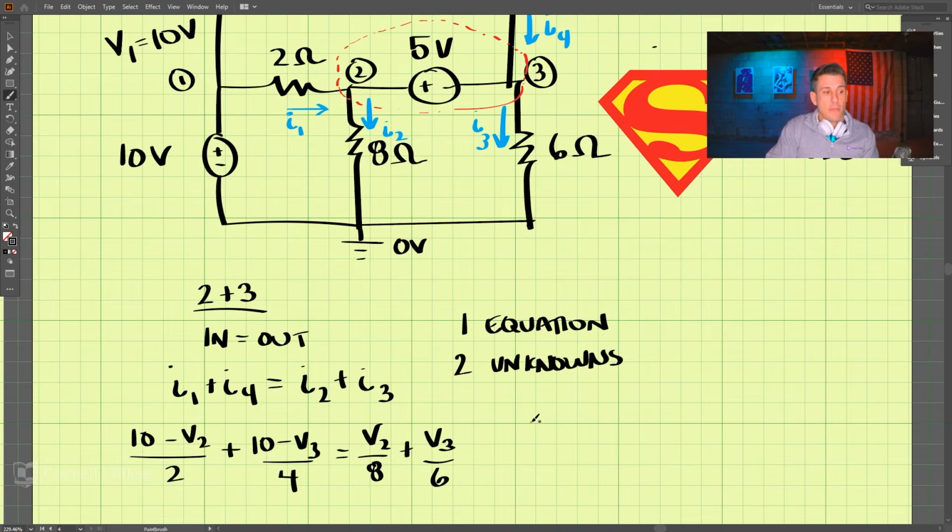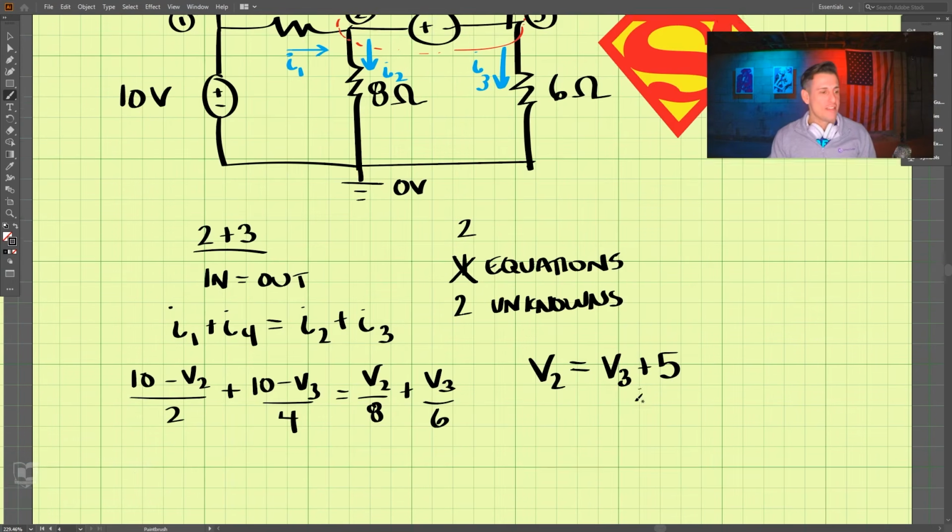It can be V2 is equal to V3 plus 5 volts. So this is our last equation here. Now we have two equations and two unknowns. We can now solve this problem.